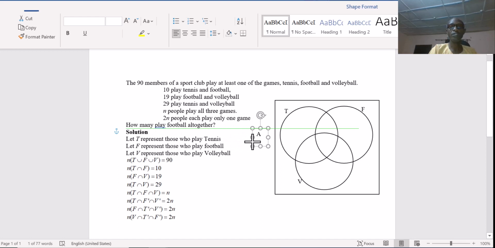Now we'll be putting in all these statements.